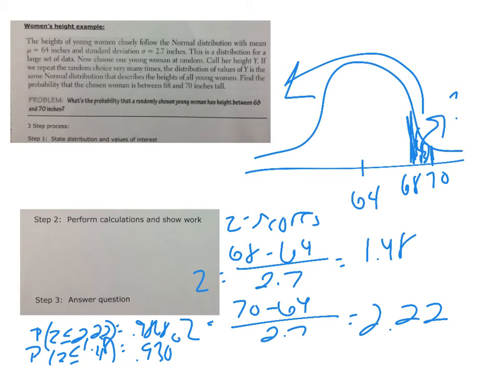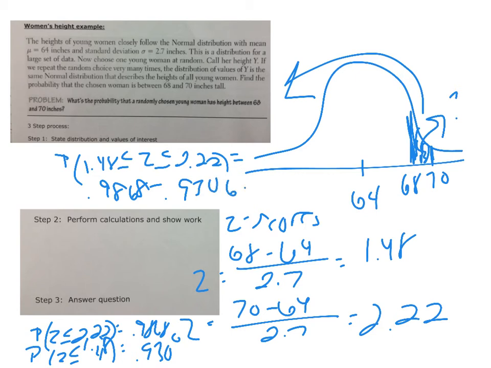So then, 0.9868 minus 0.9306 gives me 0.0562.